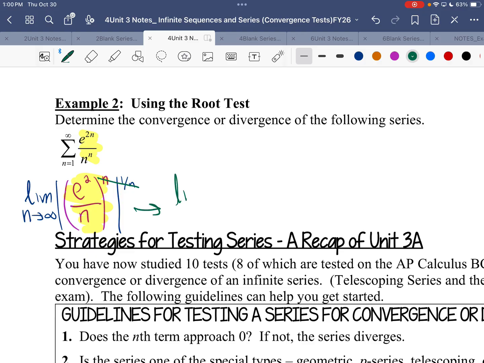So you have the limit as n goes to infinity of e squared over n. Big bottom, so this equals 0, which is less than 1. Ratio and root test, both when they're less than 1, converge.